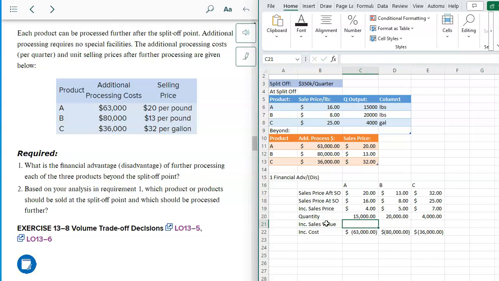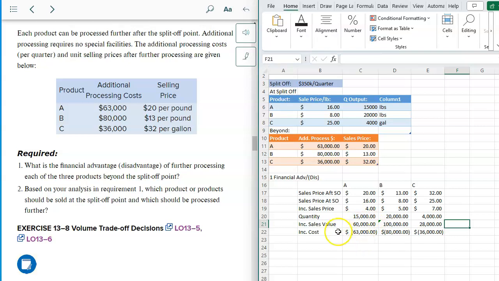So sales value here, we are going to take our quantity for that incremental sales value and multiply it by that incremental sales price. And we'll do that again. Good enough. And equals. Can do these in your head, but it's kind of nice to have them in the workbook. And if you have to change anything, it is there and ready to go. Okay, now we got our sales values set.